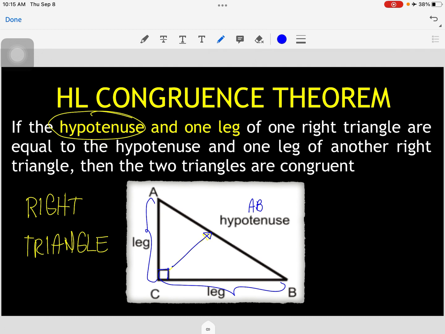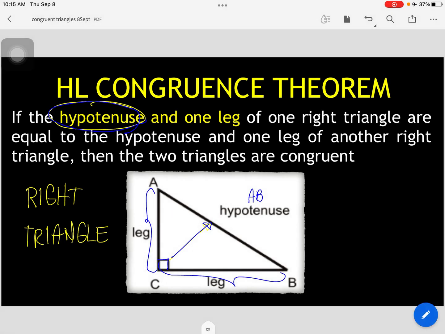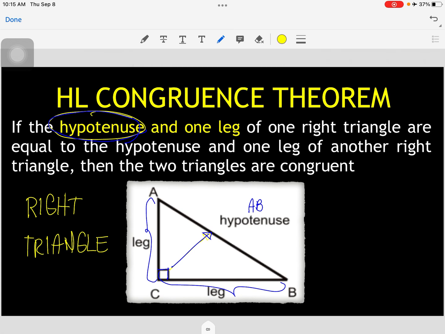So if there are two triangles and the hypotenuse of one triangle is congruent to the hypotenuse of another triangle, and one leg is congruent to the leg of the other triangle, then the two triangles are congruent. So let's say for example, we have here triangle DEF.